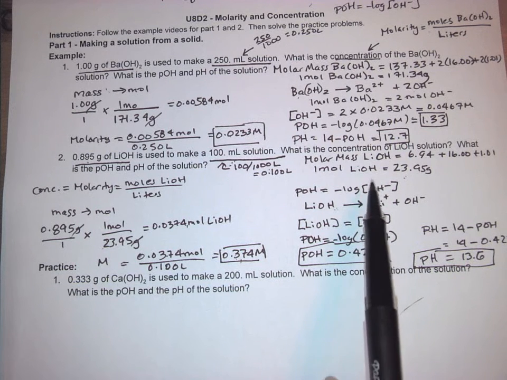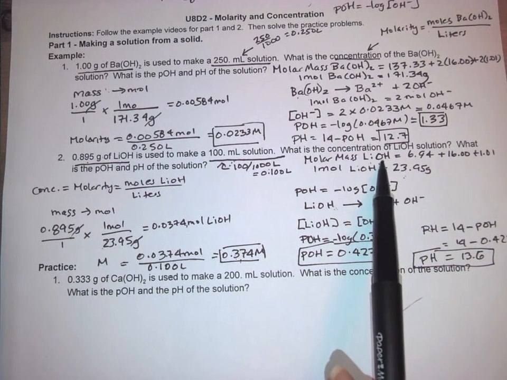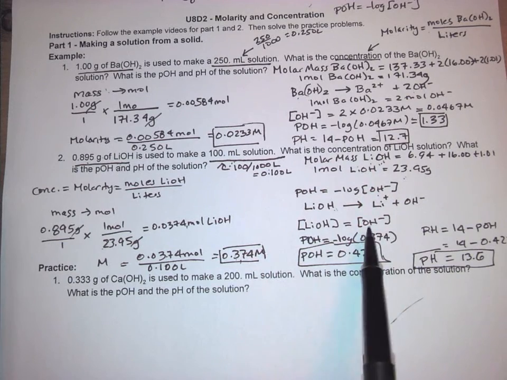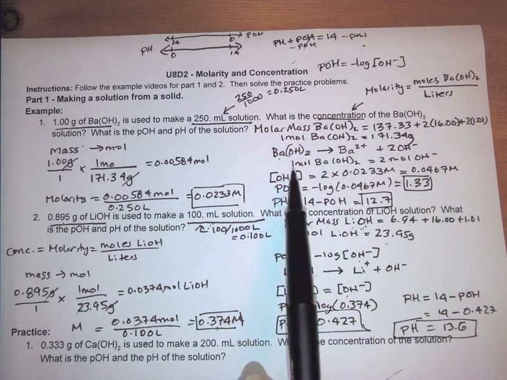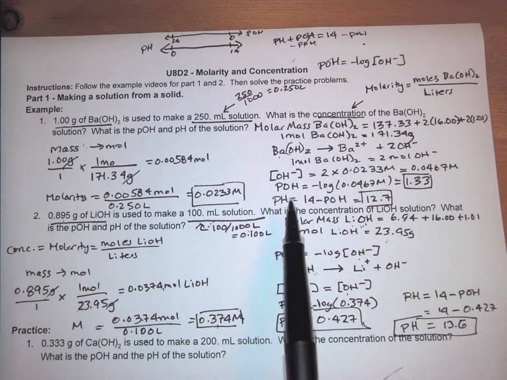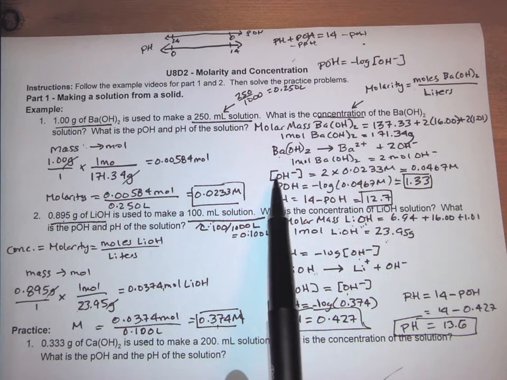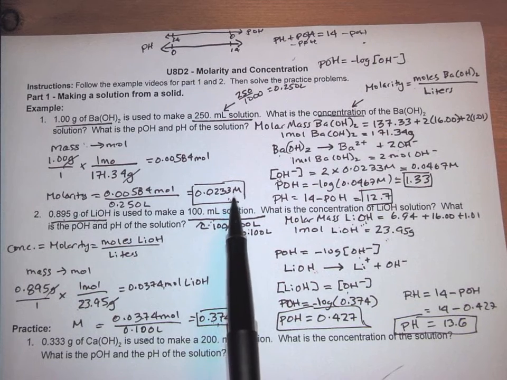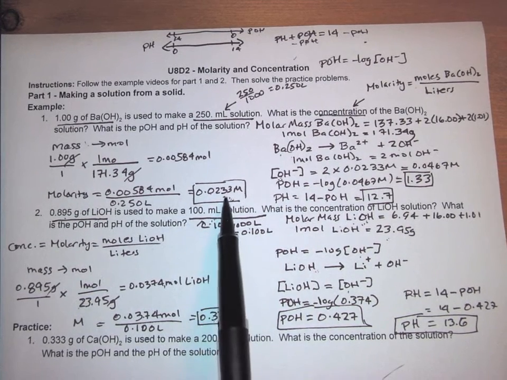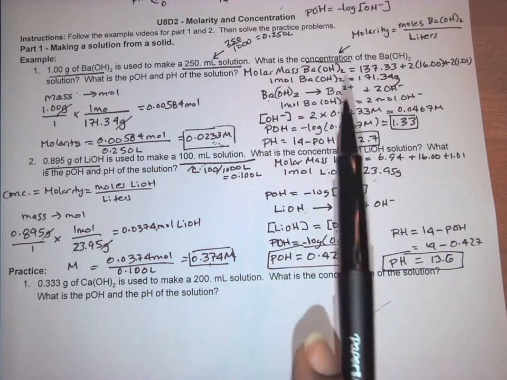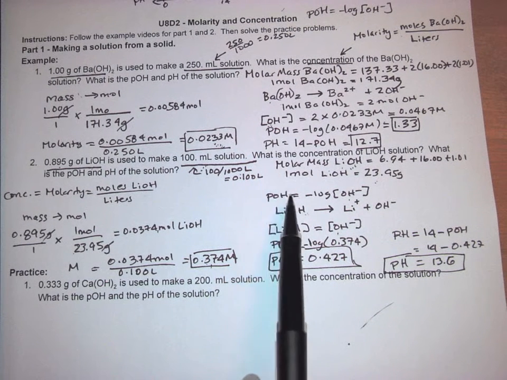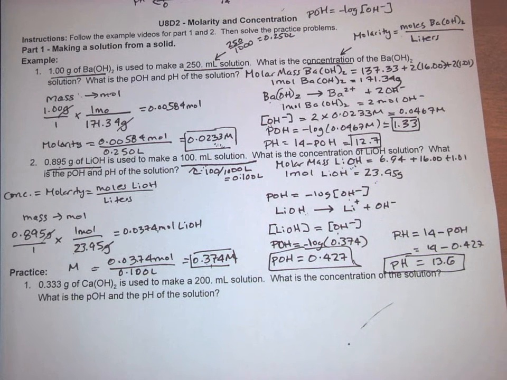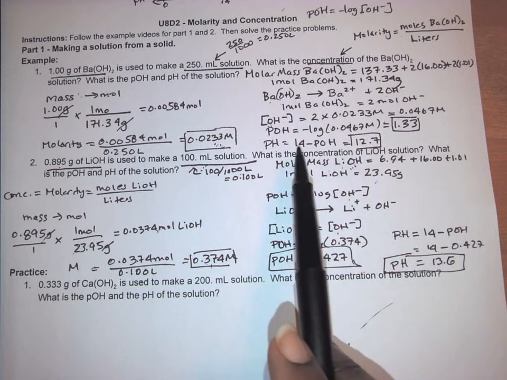So if your base, like lithium hydroxide, has 1 hydroxide in it, then it's going to be the same number. But if you have an example like barium hydroxide, the concentration of the hydroxide is going to be double what you got in the previous step. It'll be double the concentration of the barium hydroxide because you have 2 of them. So once you have your concentration of OH, you plug that into the pOH equation, negative log of concentration of OH, and then you do 14 minus pOH to get the pH.